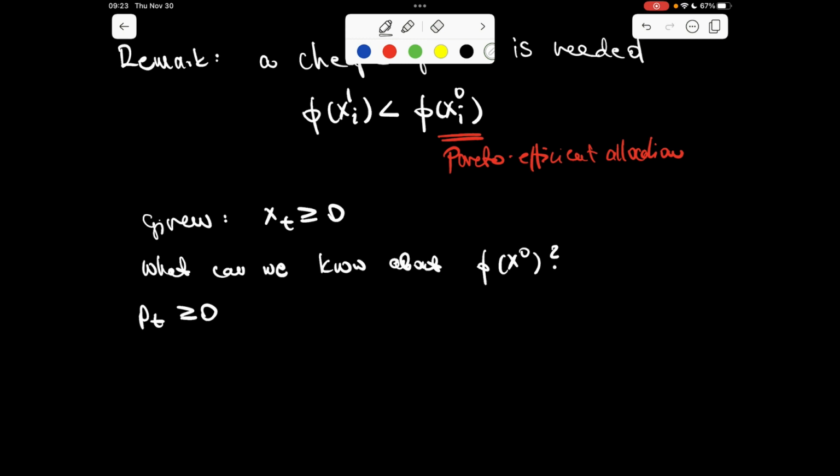Prices are zero or strictly positive, because if to any t the price were negative, then we would violate the two conditions underlying theorem 15.4.